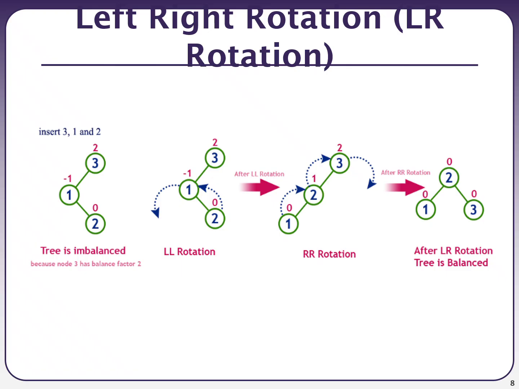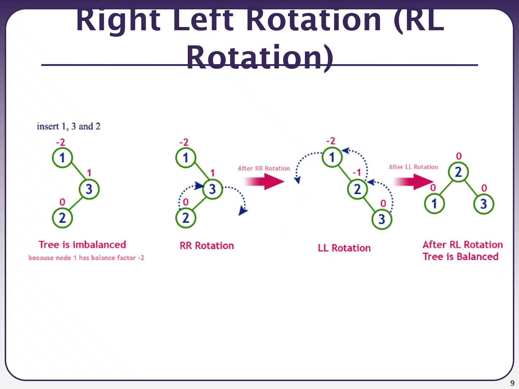After that, taking the left rotation, it makes a perfectly balanced tree. After the right-left rotation, this is the final one when we get the tree like this in the first state.